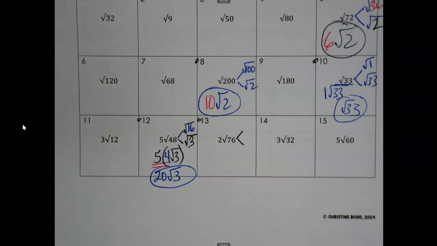All right, one last one here. 76. All I'll tell you is something is going to go in. It's not one like number 10.